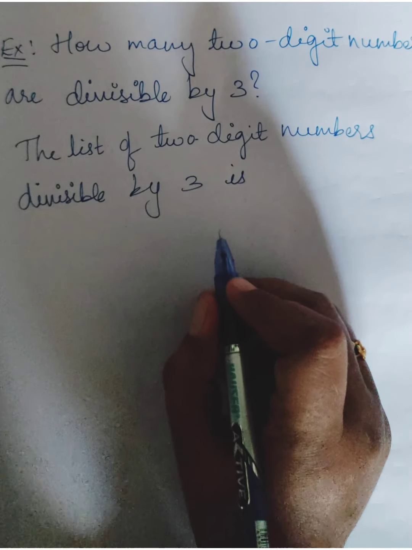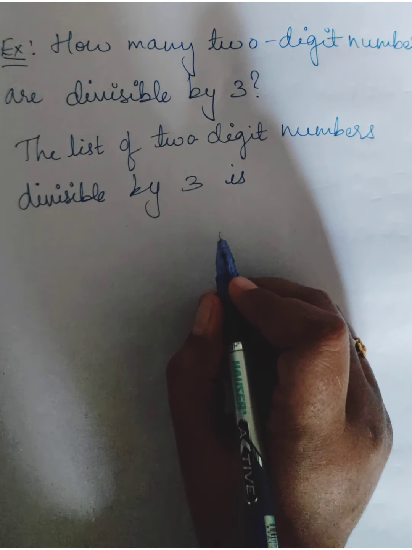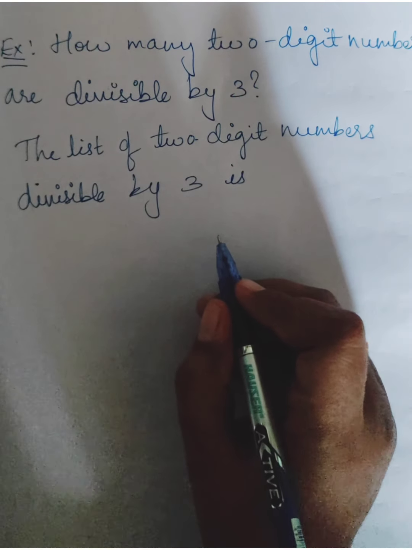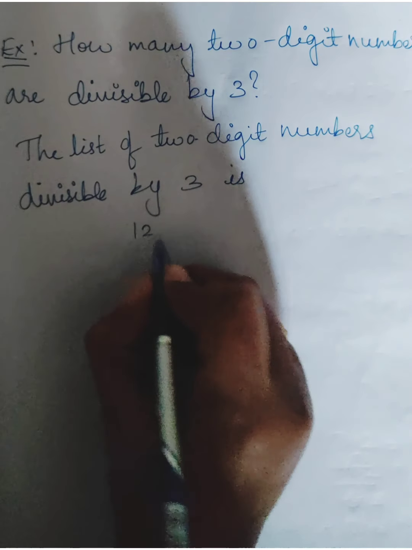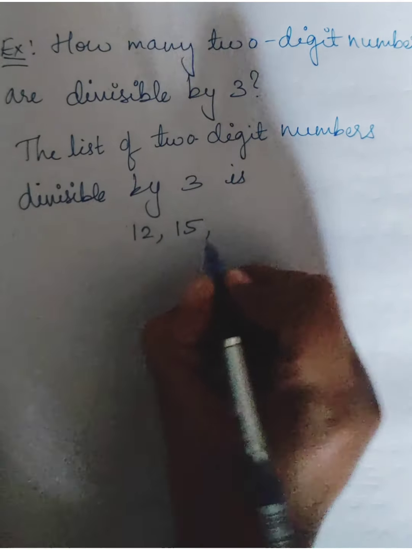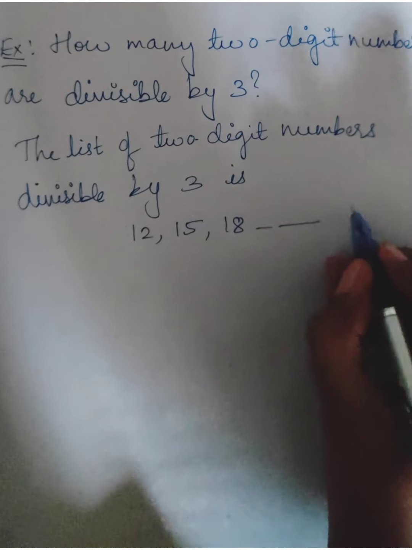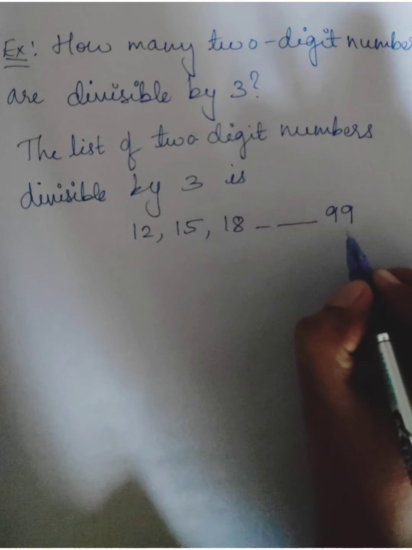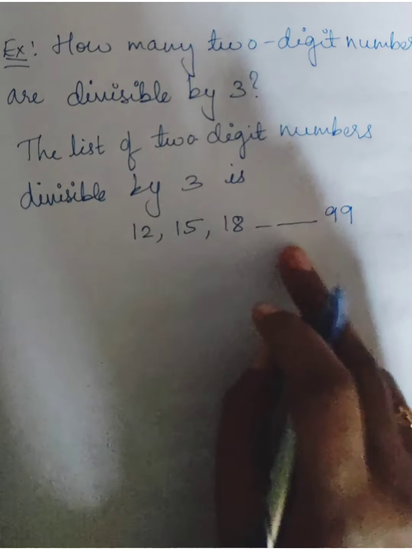I told you, you can't take 6 and 9. Next is 12. Yes, 12 you can take because it is a 2-digit number and also it is divisible by 3. So 12 I am going to take, then 15, then 18, and so on. The last term I am going to take as 99 because this is a 2-digit number and also divisible by 3. So all these numbers are divisible by 3 and they are 2-digit numbers.